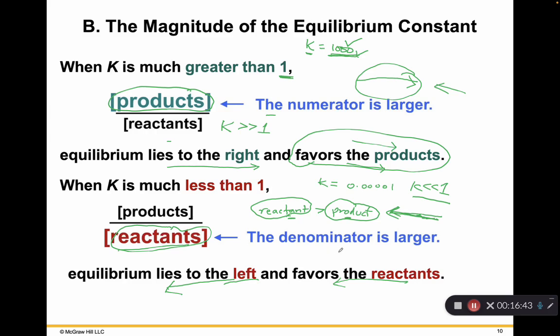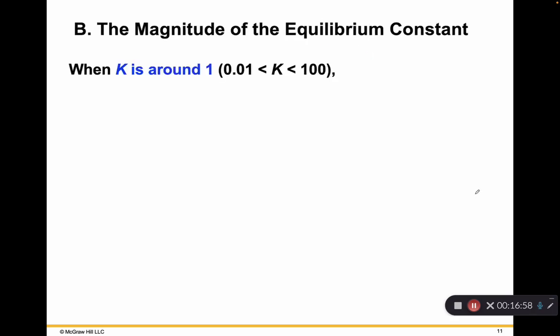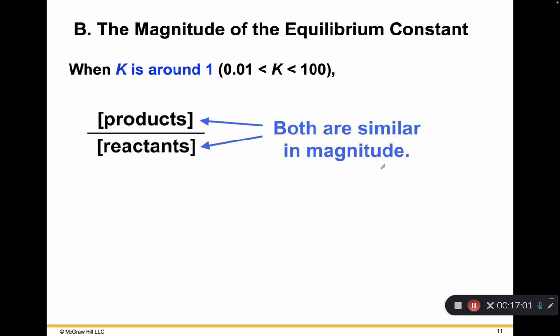Okay. Now you might say, I see the condition where K is larger than 1, and I see the condition where K is smaller than 1. What will be the case when K is equal to 1, right? When K is almost equal to 1, around 1, it means that both the reactants and the products, their concentration or their number, is equal.